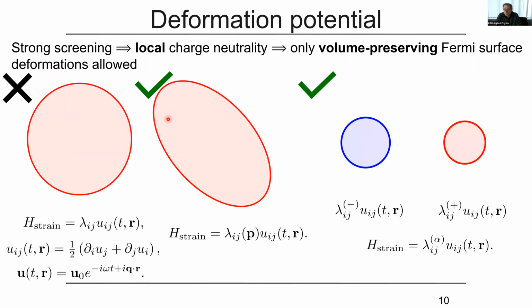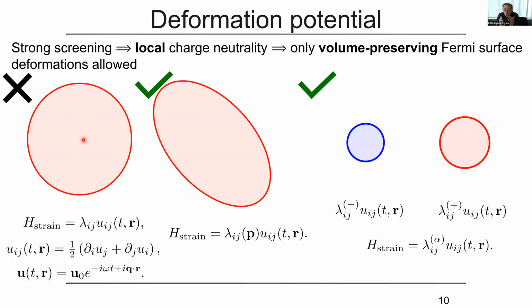When you say Fermi surface volume, how do you measure it? You say that if you change the crystal structure lattice parameter, you change the Fermi surface volume?